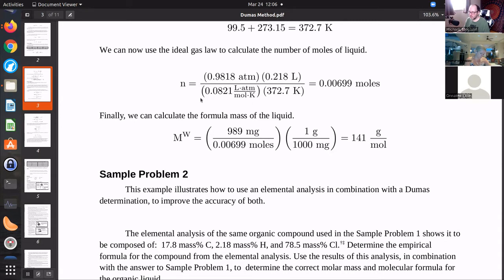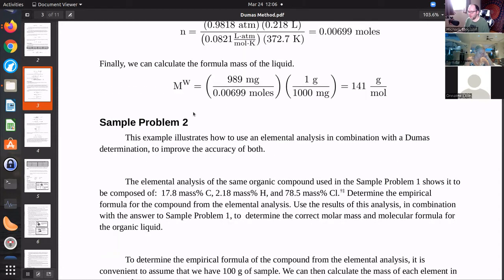But if you're not familiar with that, I suggest you just follow along with what I've done here. Convert this to atmospheres, convert this to liters, and convert this to Kelvin. Plug in your R value. You plug it into the equation here. We'll see atmospheres cancel, liters cancel, Kelvin cancels. You have 1 over moles, which winds up to be moles.